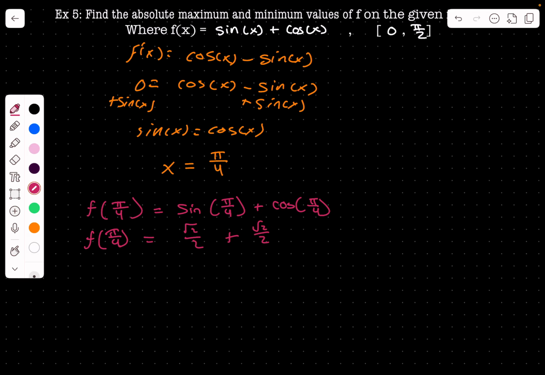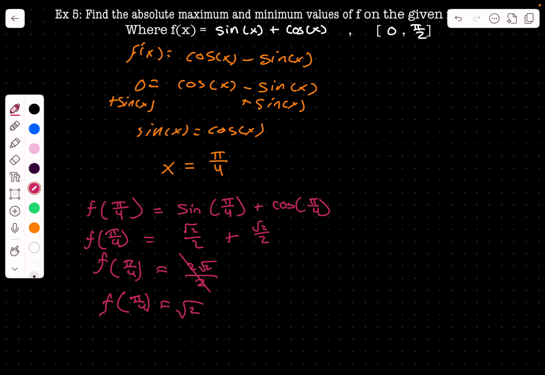When we simplify this, the denominators are the same, so we have a 1 in front and we have a 1 in front here. We just don't write it. So when we combine this, we get a 2 square root 2 over 2. Then we can simplify these 2's because 2 over 2 just gives you 1. So then we get just the square root of 2. So when we plug in our x value, pi over 4, we get the square root of 2.